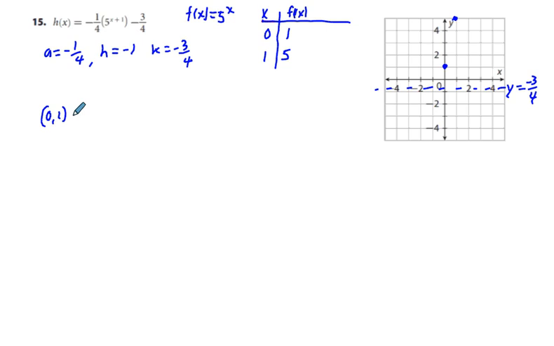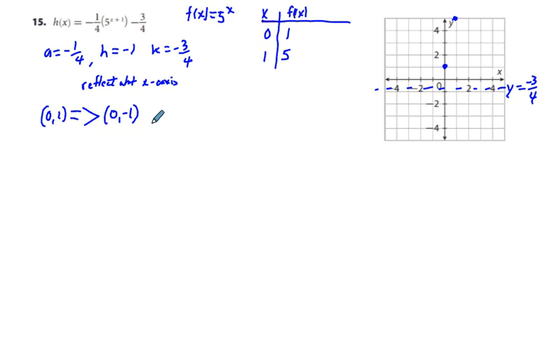The first thing we're going to do is reflect, or take the negative sign and reflect it about the x-axis. So we'll call this reflection about x-axis. So what we're going to have is 0, -1.